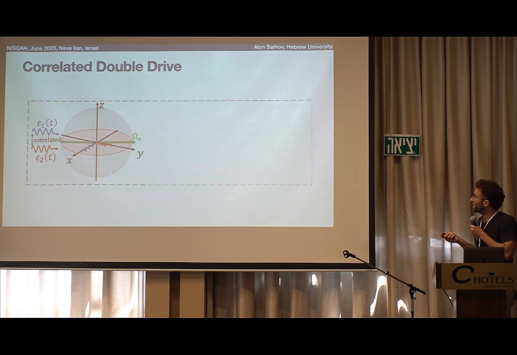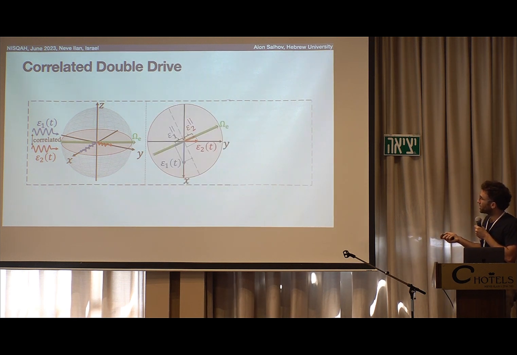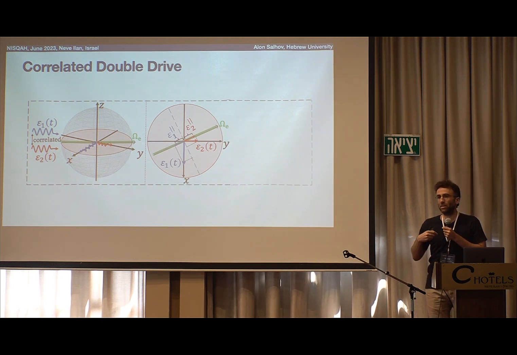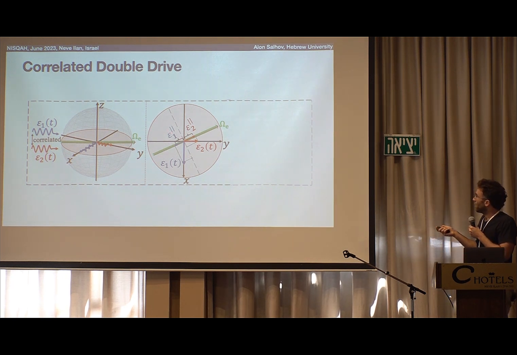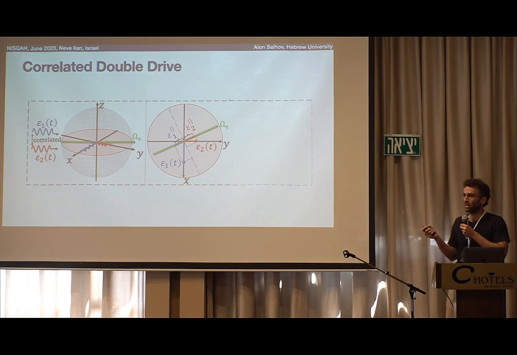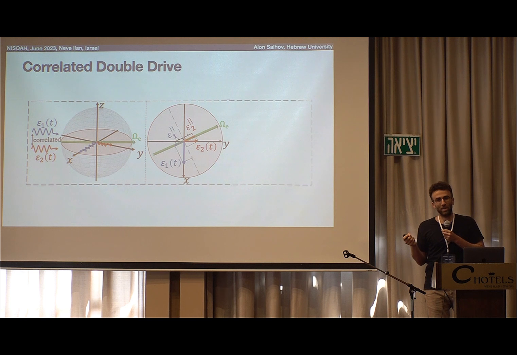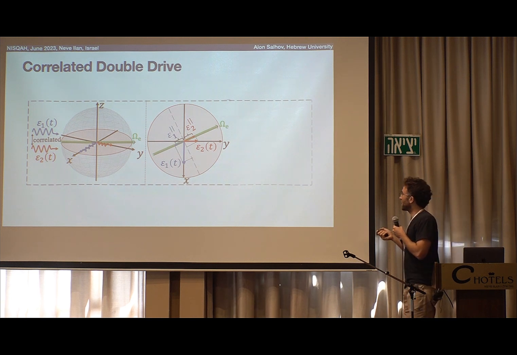Now, the important thing here is that the projections on the effective drive axis are the leading contribution to decoherence. And what we see from this picture is that we can choose an angle such that they cancel out. Okay? So this is the mechanism we are utilizing.